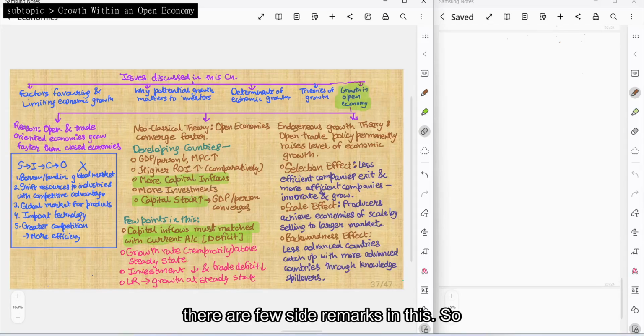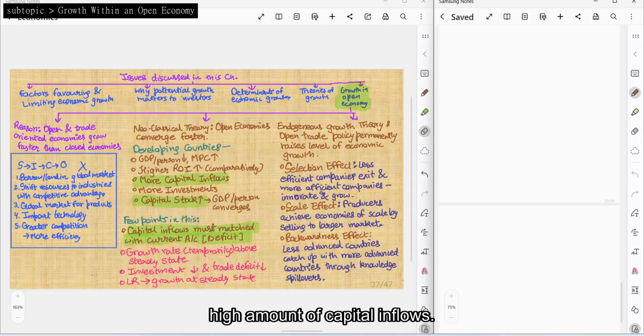So there are a few side remarks in this. We have already studied the concept that the capital account must be matched with the current account. So what happens when the economy is opened is that there is a high amount of capital inflows. These capital inflows must be matched with an opposing current account. So our current account is in deficit as we are buying more foreign machinery, equipment, etc. to produce goods.